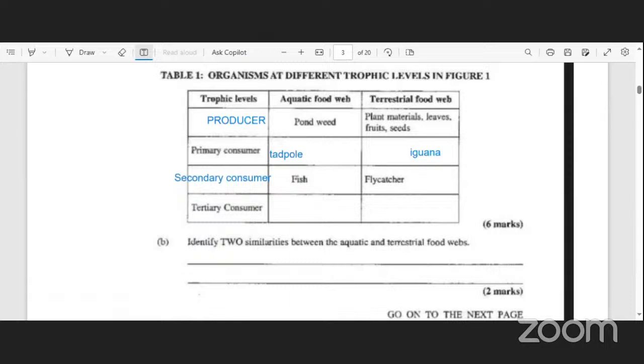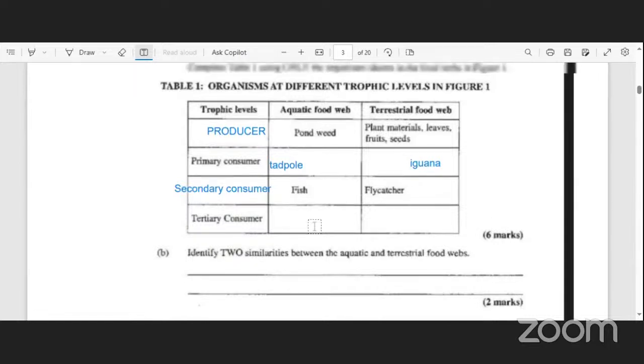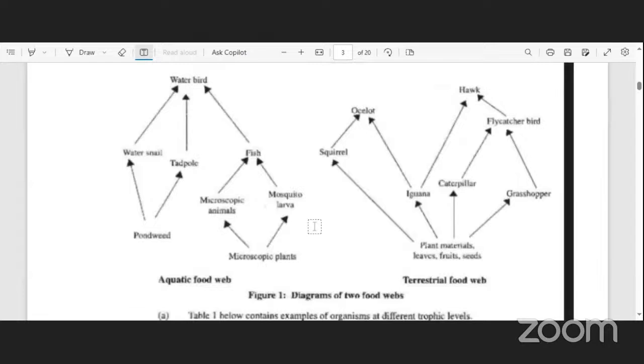We're moving on to the fourth trophic level, which is the tertiary consumer. For the aquatic food web and the terrestrial food web, what are the tertiary consumers, respectively?